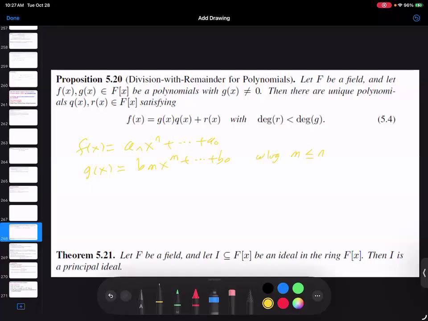So we want to ask, how many times do we multiply g of x to get f of x? And we might start with looking at an over bm x to the n minus m times g of x, which is going to be equal to an x to the n plus dot dot dot.